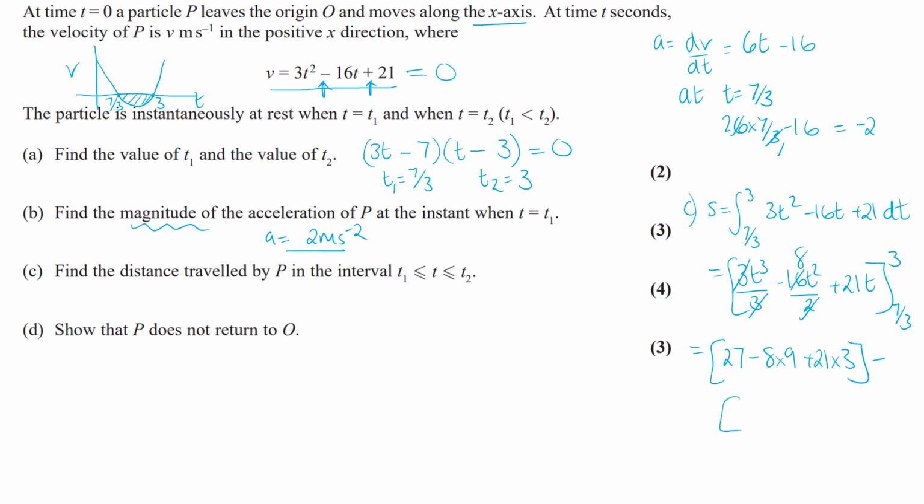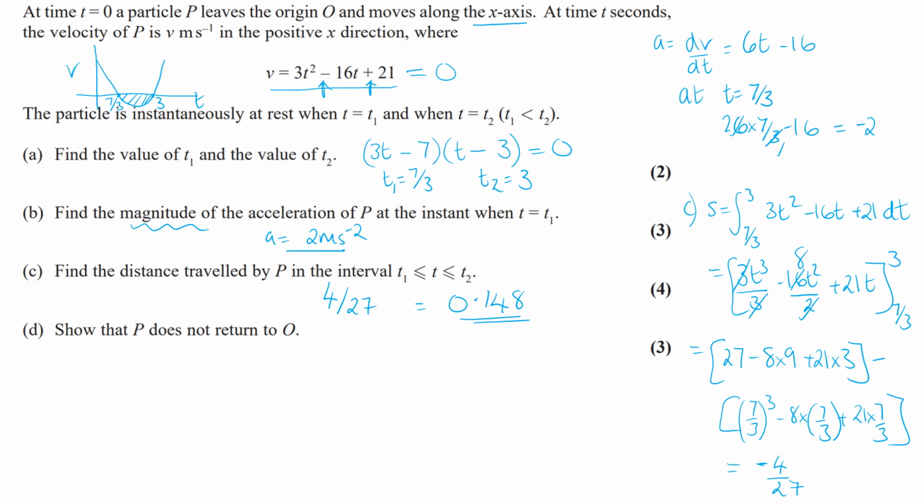Take our lower limit, 7/3 all cubed, minus 8 times 7/3 squared, plus 21 times 7/3. And if we do all that, we get in our calculators minus 4 over 27. So the distance travelled, we can ignore that minus. It's just going to be 4 over 27, which is equal to 0.148 to 3 significant figures, and that will be the distance travelled.